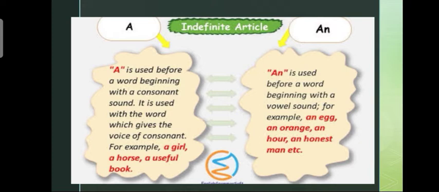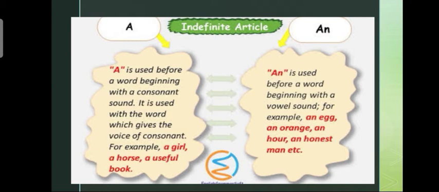Similarly, when we are making use of an article, we have to make sure that the word begins with a vowel sound. For example, an egg, an orange, an hour. The word begins with letter H and it is a consonant, but the phonetical sound of H is silent. Do we say "hour" with an H? No, it is said "our".